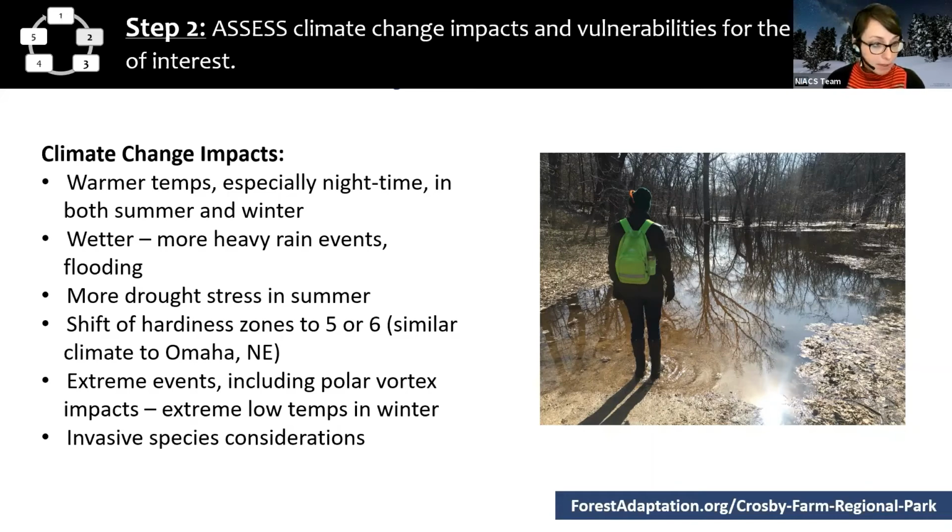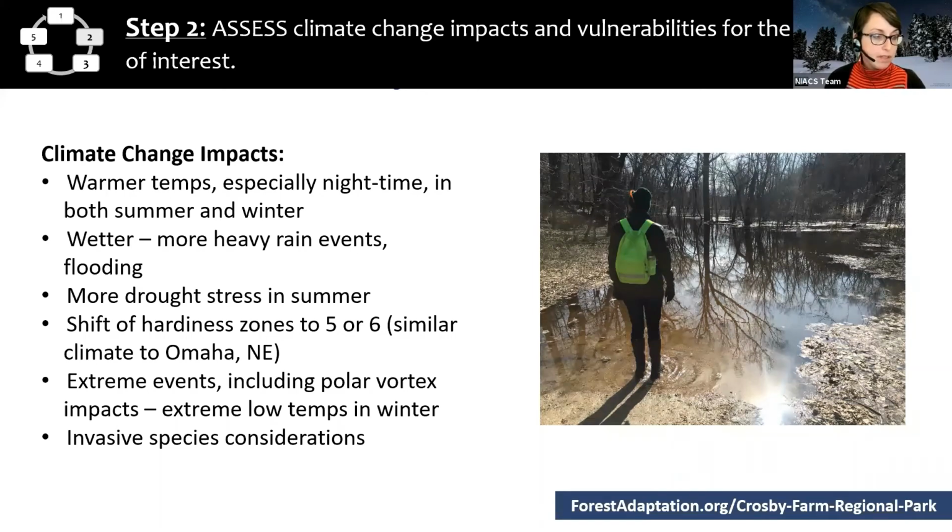They have already been experiencing heavy rain events and flooding and are seeing that now and expect that those conditions will only increase. On the flip side, they are expecting more drought stress in summer. They started to look at the projected species and habitat ranges for the different trees and shrubs and other flora and wanted to establish that the shifts in hardiness zones would have an effect on this site, which is shifting from zone 5 to zone 6.